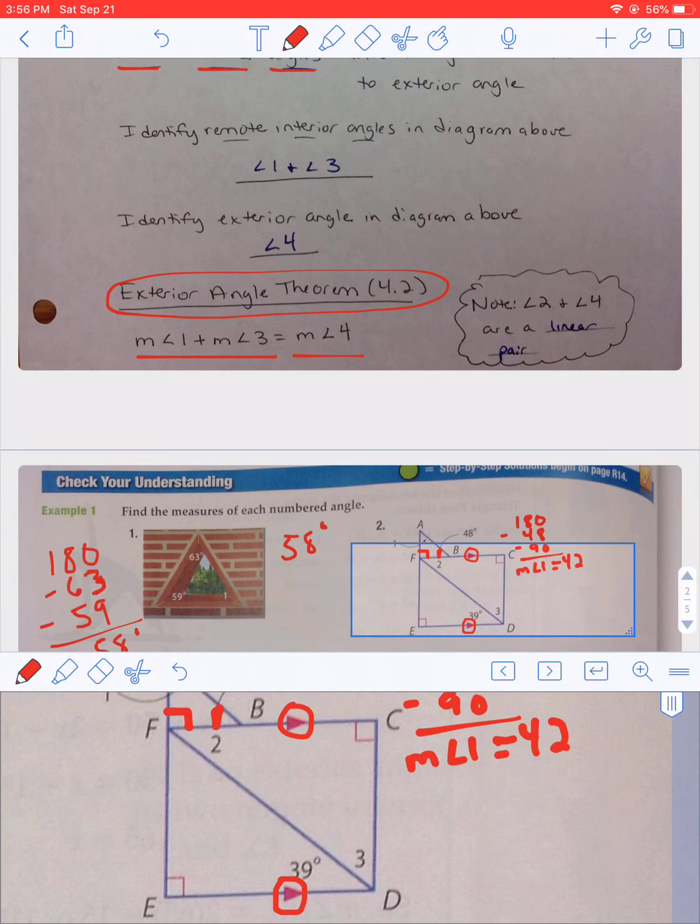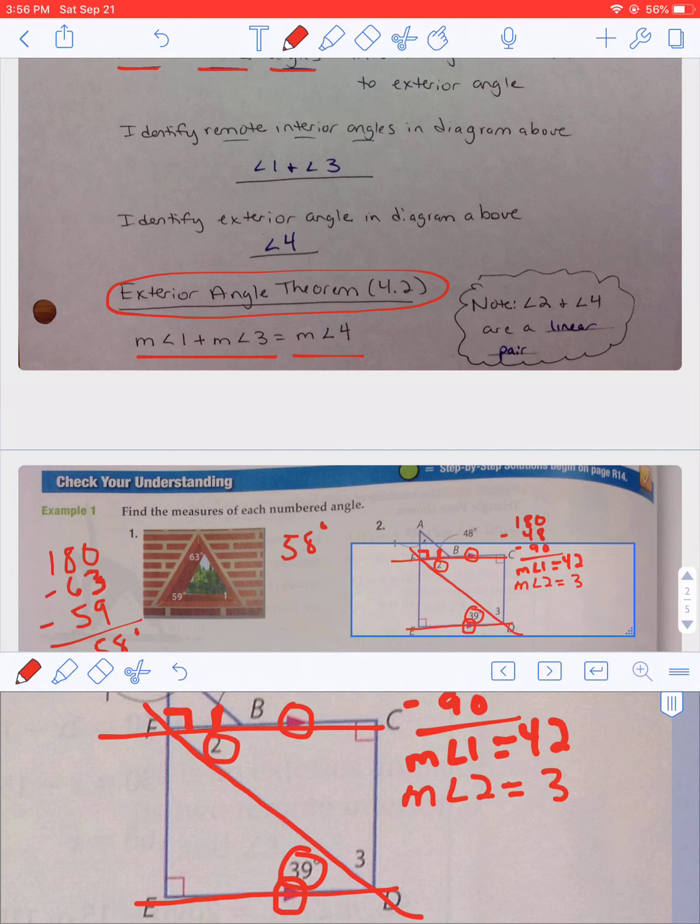So, for example, if you think about this as being two parallel lines, this line right here is a transversal, and these are alternate interior angles, and we have learned in the past that alternate interior angles are congruent. So we can already go ahead and say measurement of angle 2 is equal to 39 degrees.